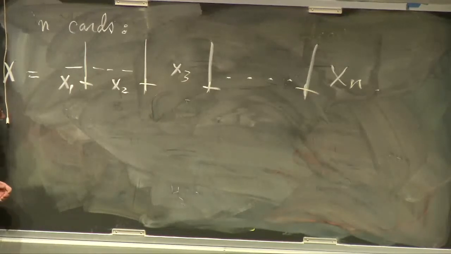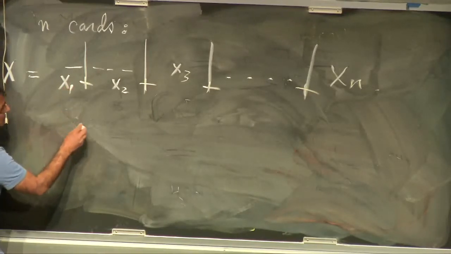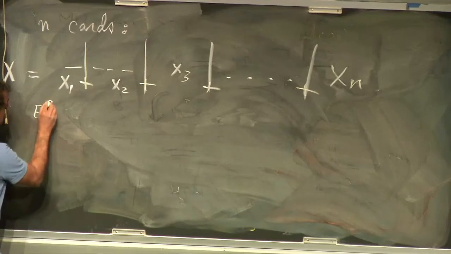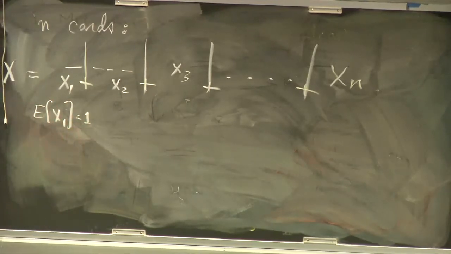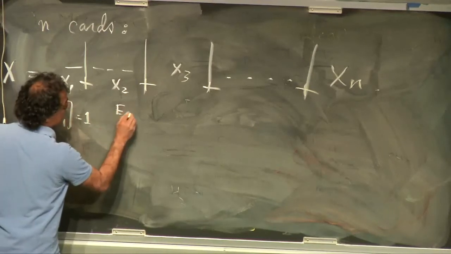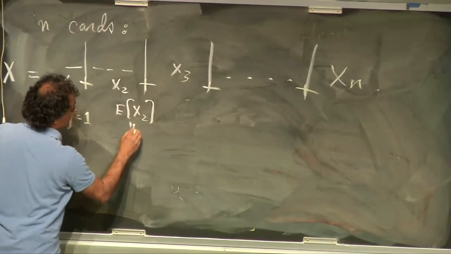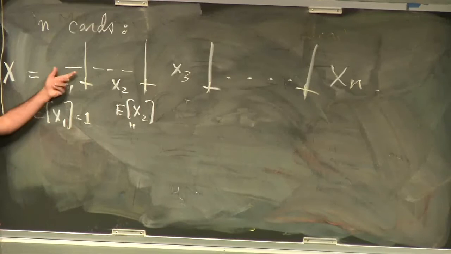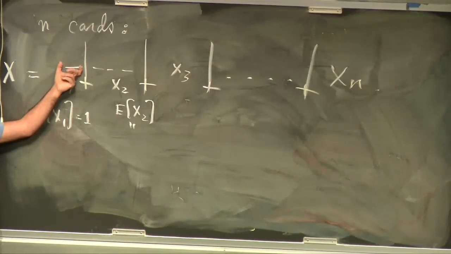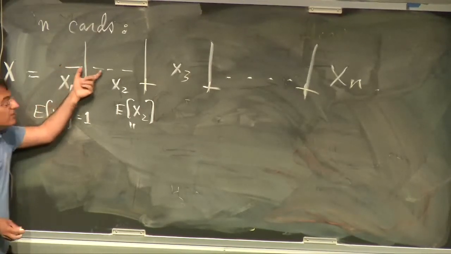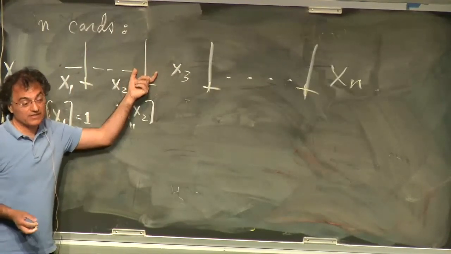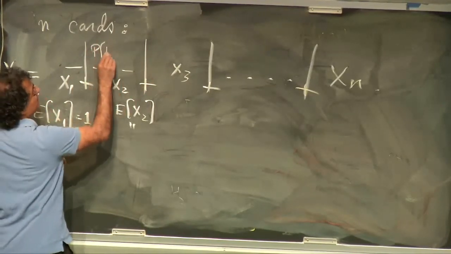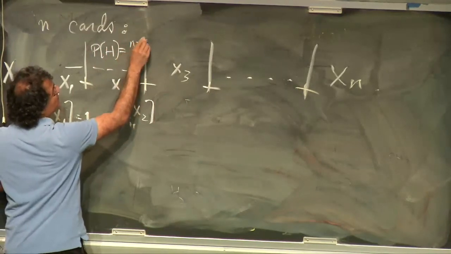Right? And now, what's the expected value of x1? Well, that's just 1. What's the expected value of x2? So now, there's one card that we've already seen. As long as we see any of the other n minus 1 cards, we are happy. Right? So the probability of heads here is n minus 1 over n.